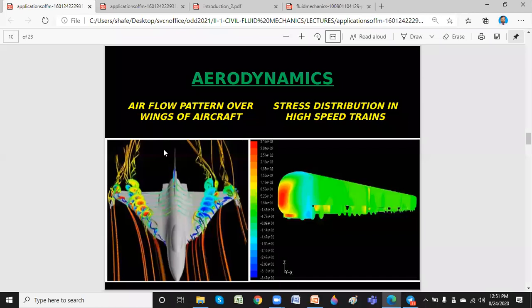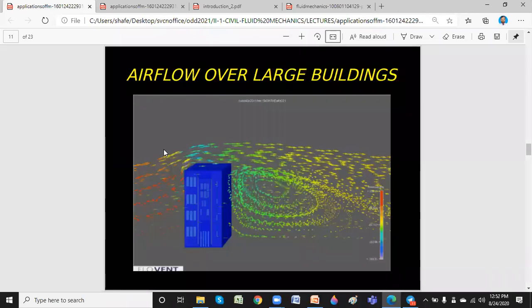Next you have buildings. Now this is very important from your civil engineering point of view, because in your entire civil engineering course you will be discussing bridges, hanging bridges, buildings. So if you are going to build a building here, you have to assess the airflow around the building.